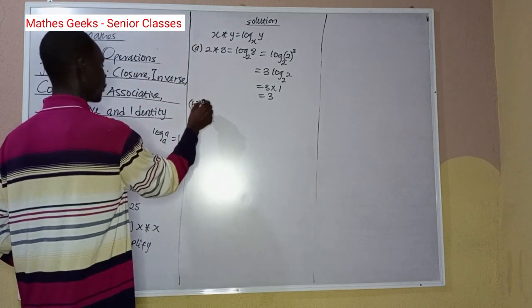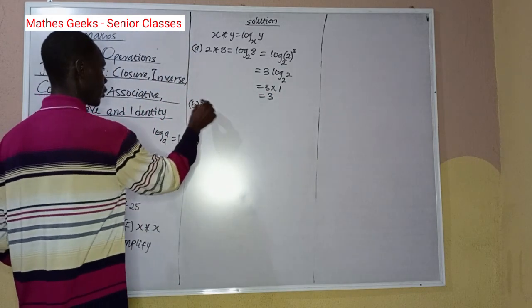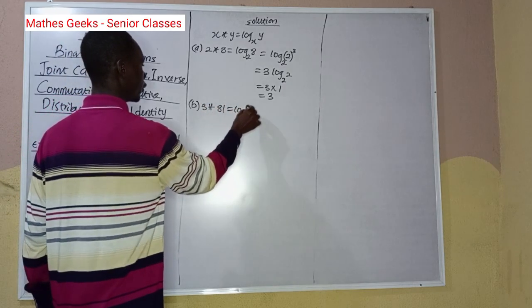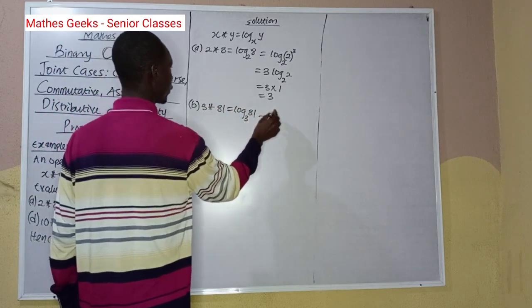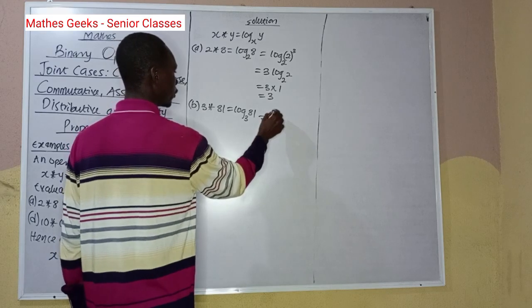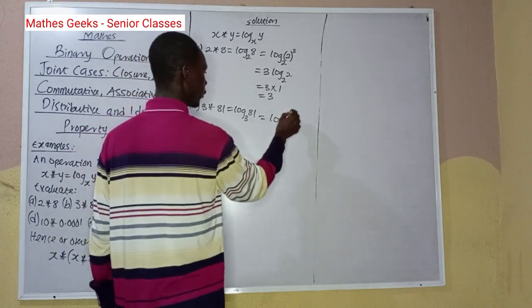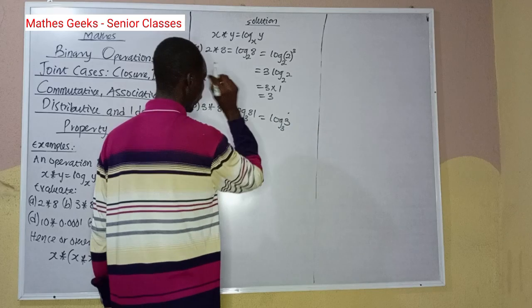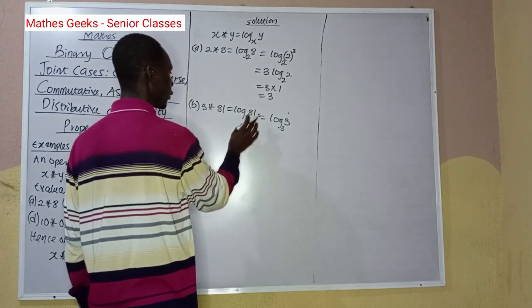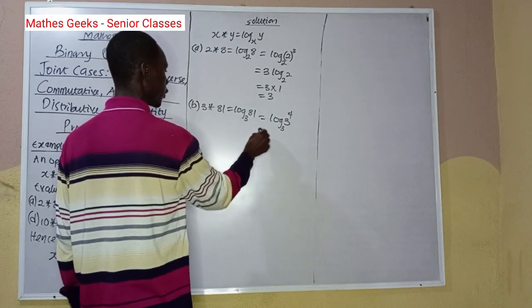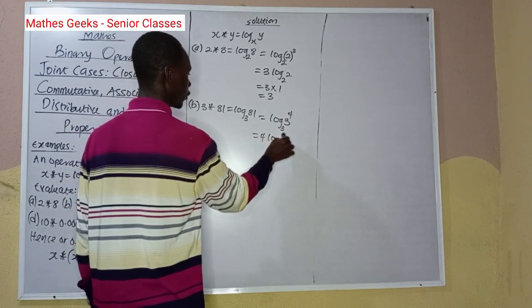B. 3 star 81, which is log 81 to base 3, which can be simplified to logarithm of 3 to the power of 4. 3 times 3 is 9, 9 times 3 is 27, 27 times 3 is 81, so 3 raised to the power of 4, which is equal to 4 log 3 to base 3.